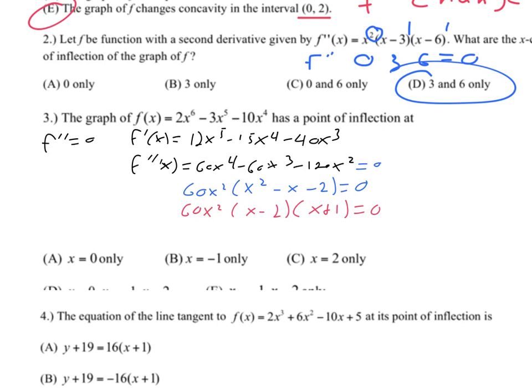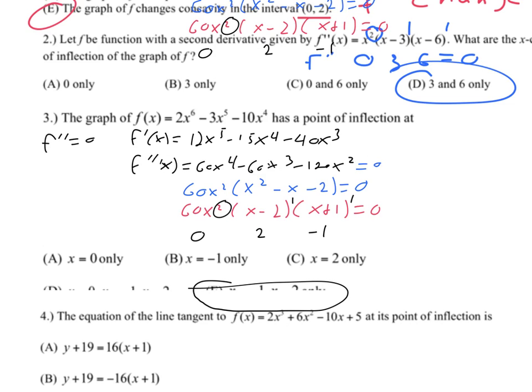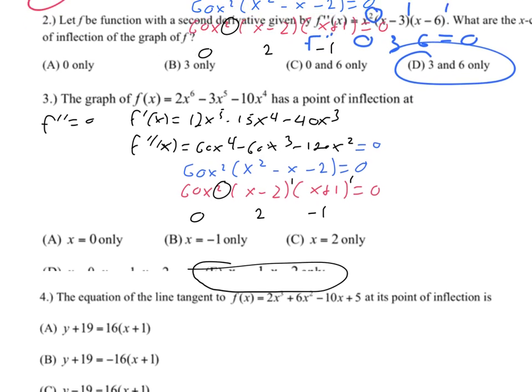So I get three possible answers of 0, 2, and negative 1. But same as before, because that exponent there is even, I'm only going to have sign changes of the second derivative at positive 2 and negative 1. X is equal to negative 1 and positive 2 only. Sorry that kind of got cut off there from the next question.